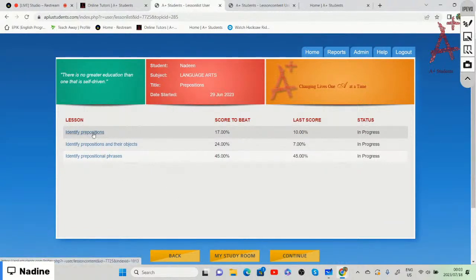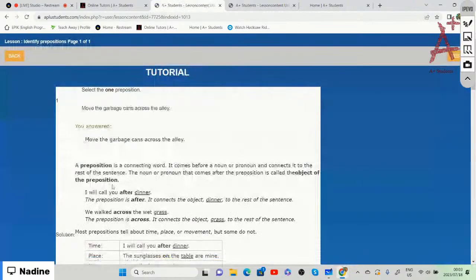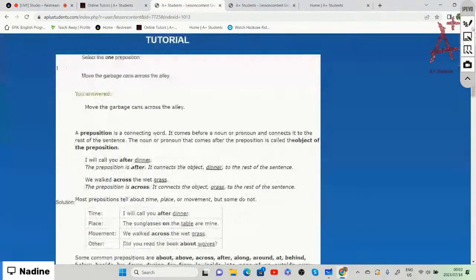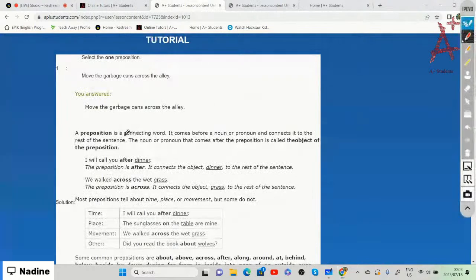All right, so we're going into the first lesson, which is to identify prepositions. Before we identify prepositions, a preposition is a connecting word, and it comes before a noun or a pronoun.